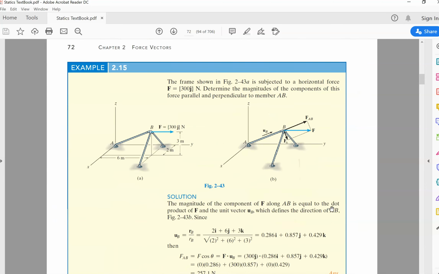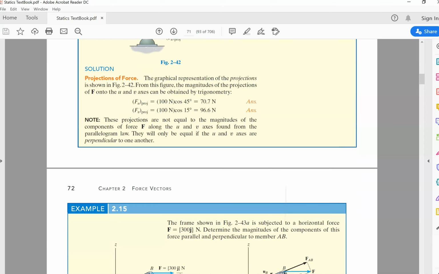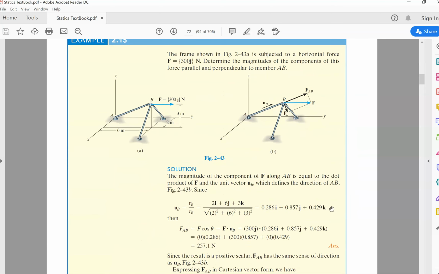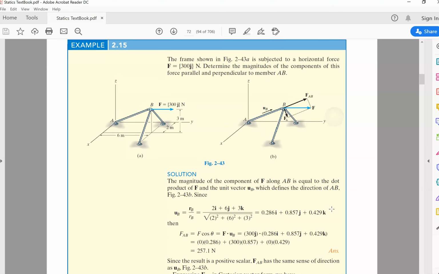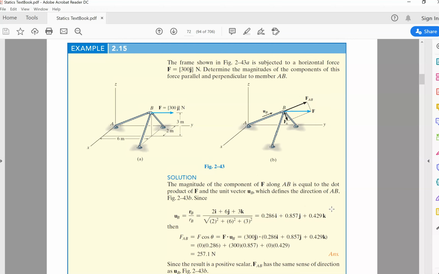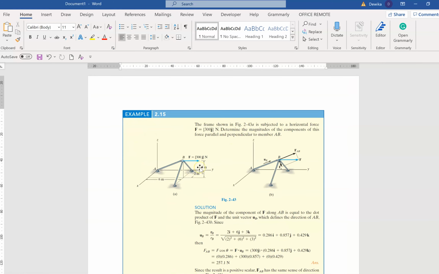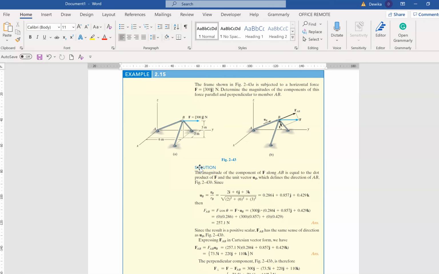So we'll move on. You can try out 2.14 by yourself. I'm just going to go to a bit more complicated example, which is example 2.15. So just pay attention. Now let's look at the frame. The horizontal force is 300 j.